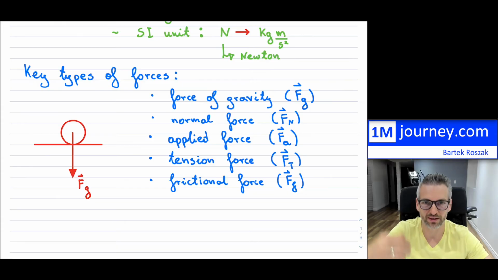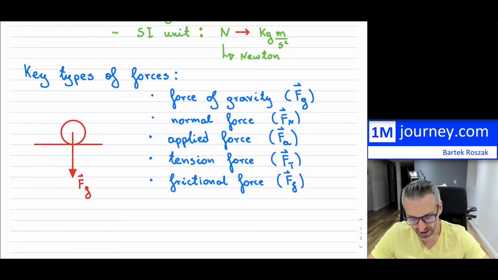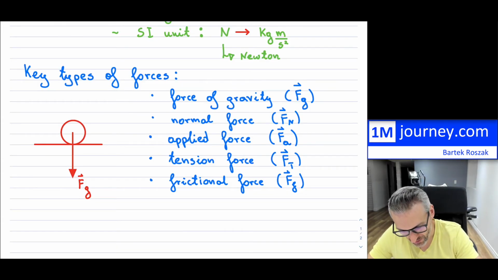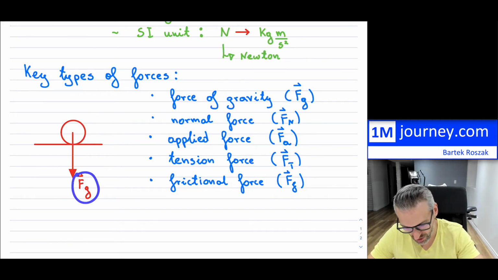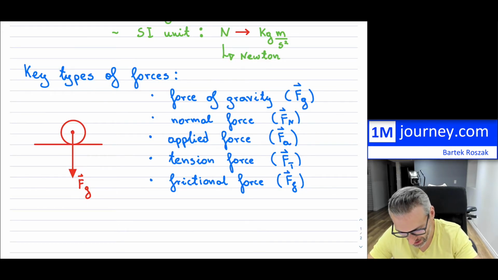Now if I remove it, of course it will fall, but for the moment there is something happening right at the point where the table and the ball are meeting that is preventing it. Because if this was the only force, this would just fall right through the table, but it doesn't. So there has to be some other force acting in the opposite direction.